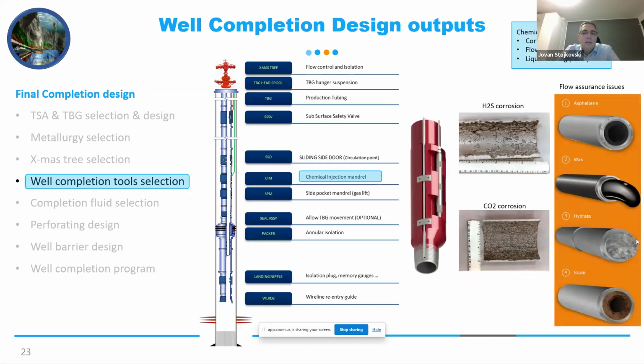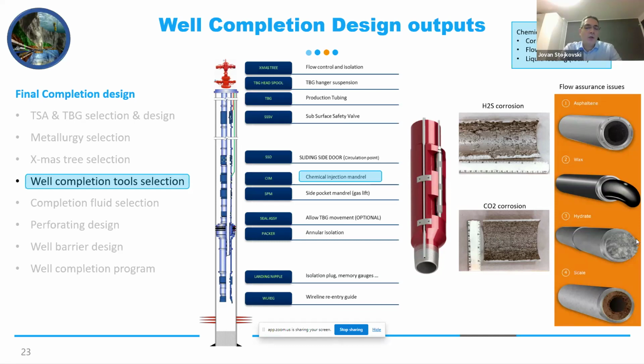Going further, as I already mentioned previously, if we have any kind of expected corrosion and we want to protect our tubular completion tools, we can inject chemicals which can make a protective film on our tubing during the production, and basically the bare metal will not come in contact with the produced fluid, and we will lower the corrosion in our system much more.